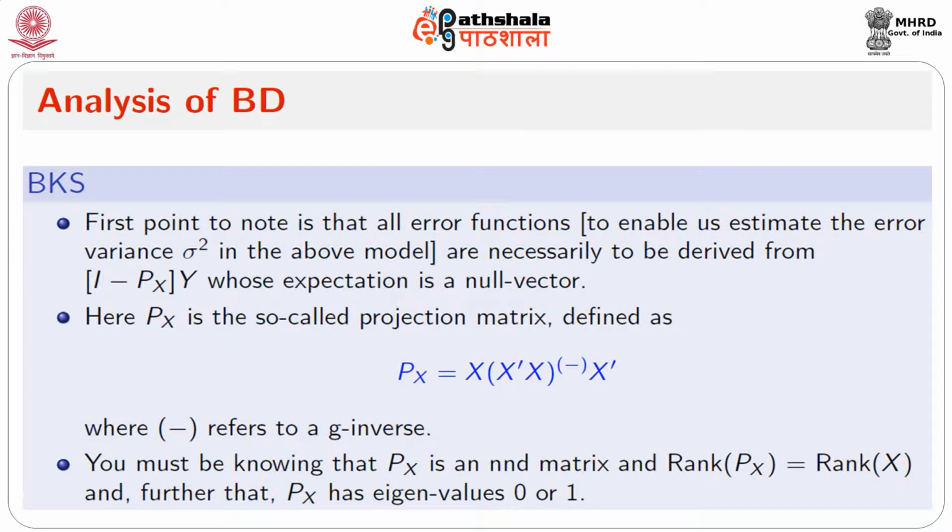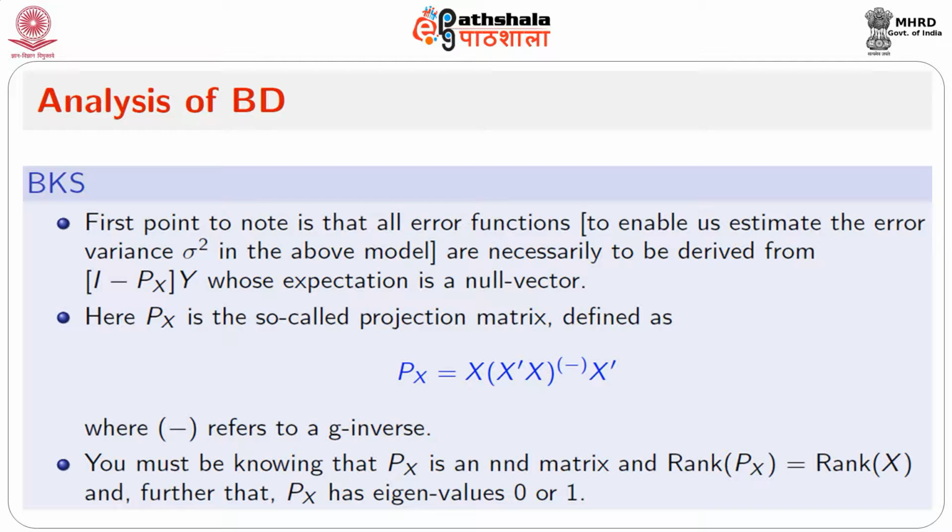The first point to note is that all the error functions that enable us to estimate the error variance sigma square in the above model are necessarily derived from (I minus P_x) times y, whose expectation is a null vector. This P is very famous in the context of linear models. It is called the projection matrix.